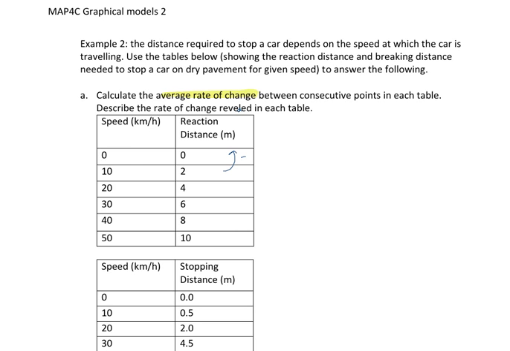In this case, the first rate of change is 2 minus 0 over 10 minus 0, which is 2 over 10, which is 0.2. You're going to have to do that for all the other points.